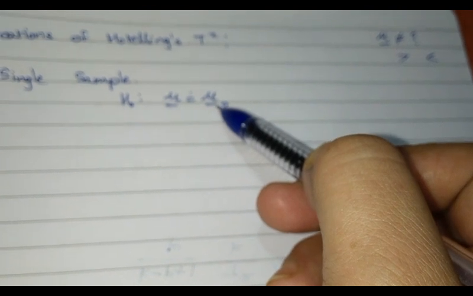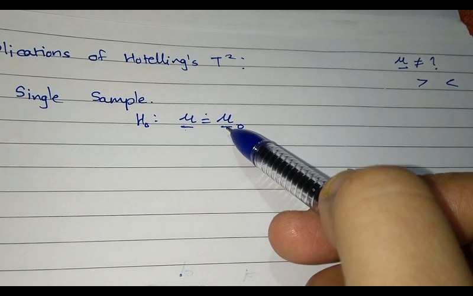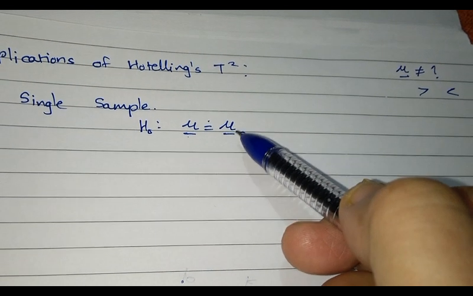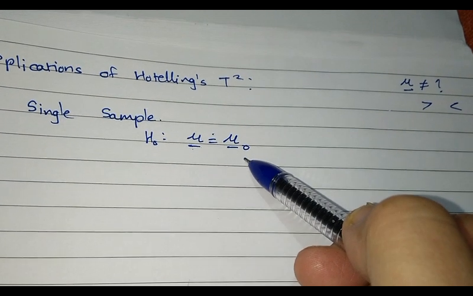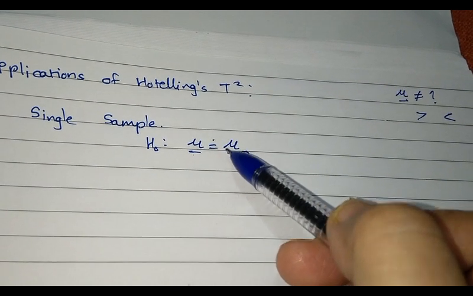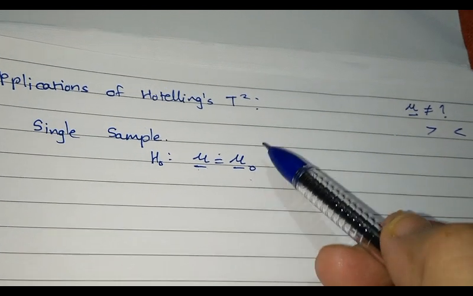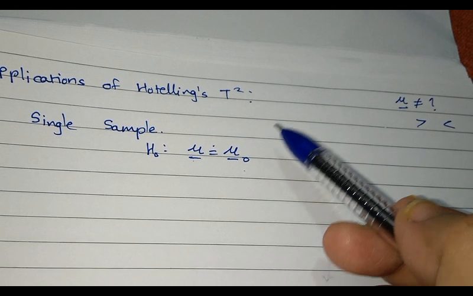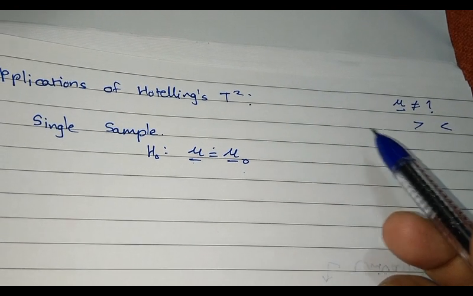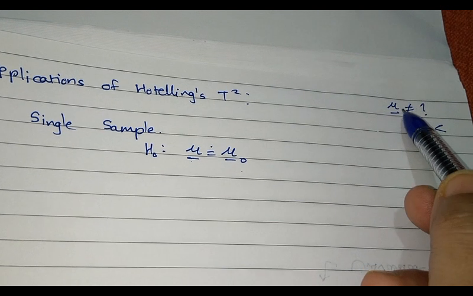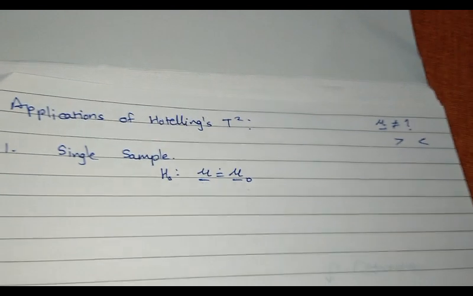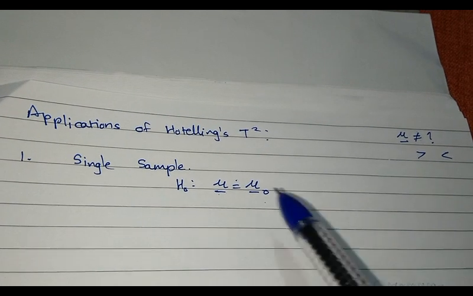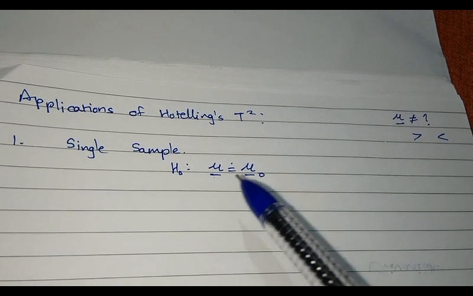If I want to say one vector is greater than the second vector, I need to first define order in the p-variate Euclidean space, which may not be so easy. If some components are larger here and some components are larger there, then I have no relationship. I can't say this is larger and so on. Obviously there are some complicated ways in which I can define order, but we are not going to go into those. Hence my alternative would always be of the type not equal to. I won't say greater or less. Is it okay? So hence from here onwards I won't be specifying the alternative. I would just specify the null hypothesis.